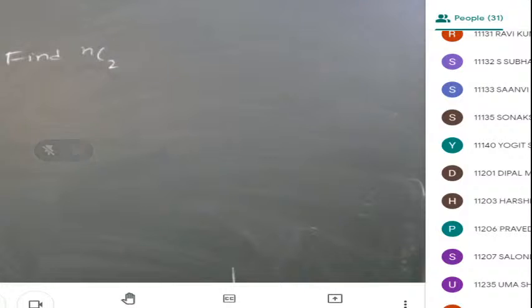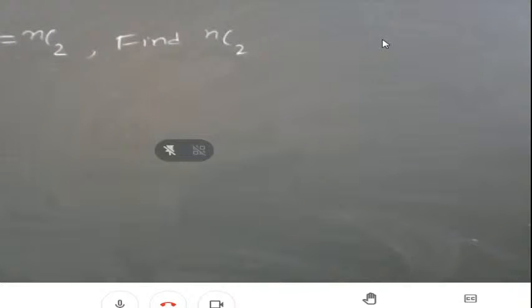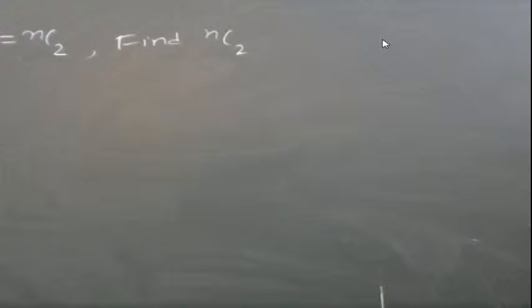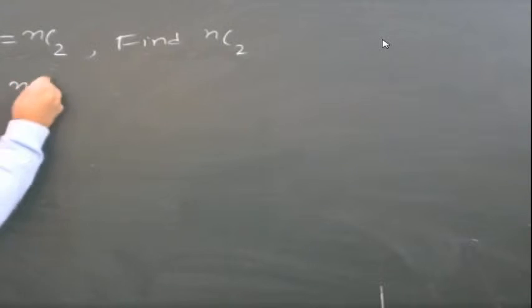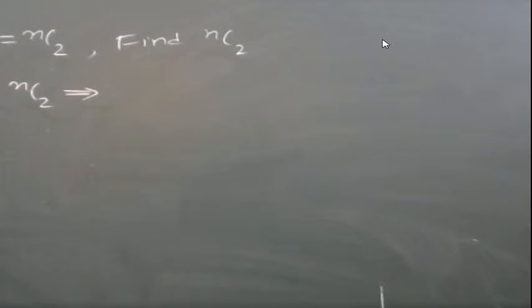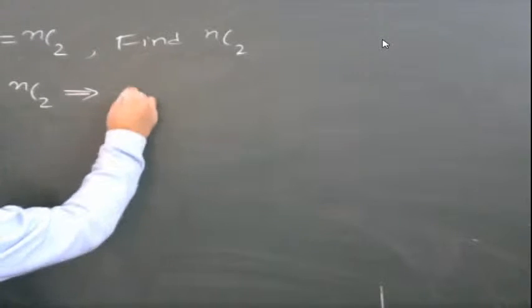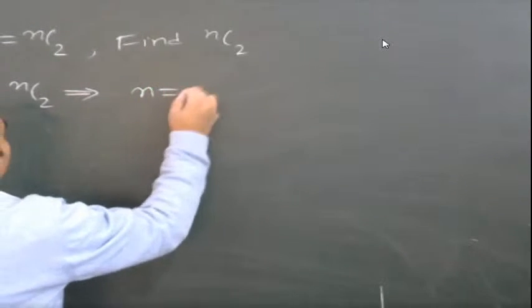How to begin? Just now, in that note 3 we have written that nC8 is equal to nC2. It means either 8 equals 2, which is absurd, so the other meaning will be that n equals 8 plus 2.